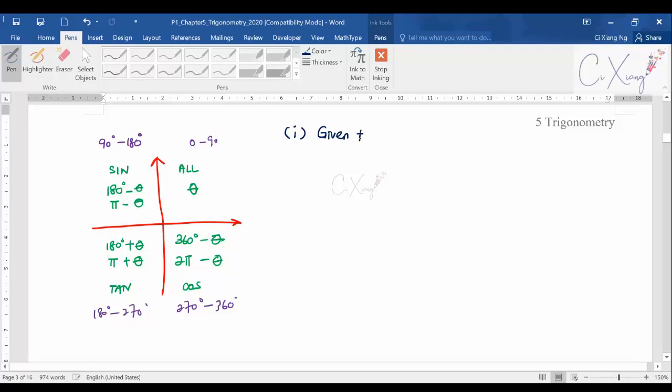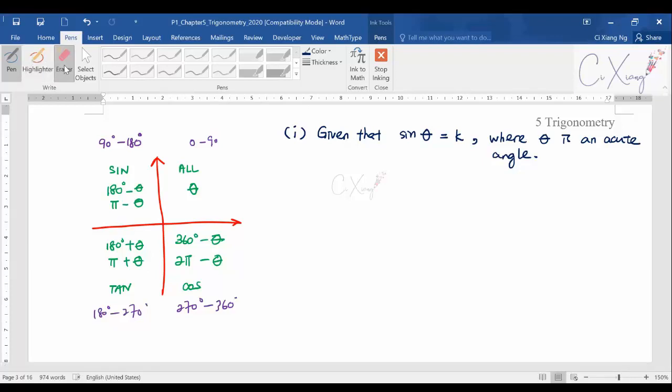Given that sine theta is equals to k, where theta is an acute angle. All right, so usually they will tell you that, given that sine theta is equals to k, where theta is an acute angle.